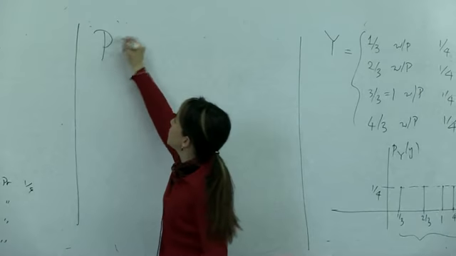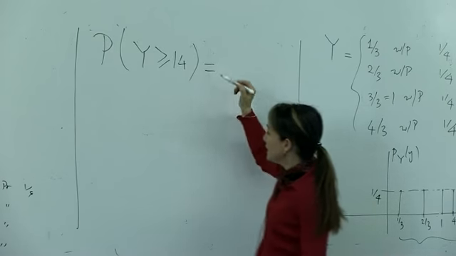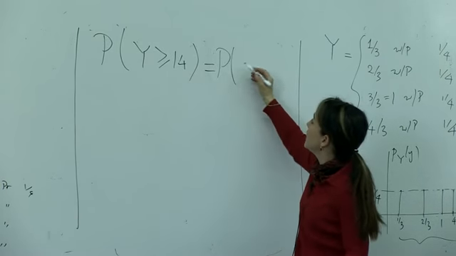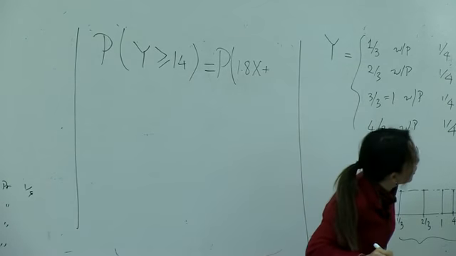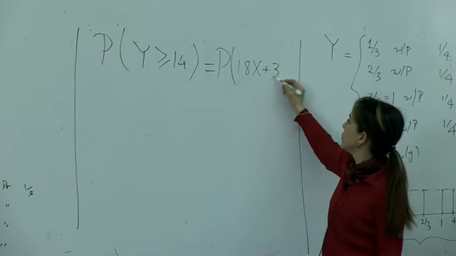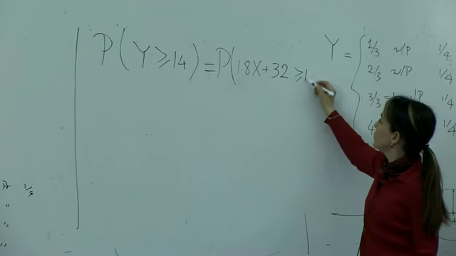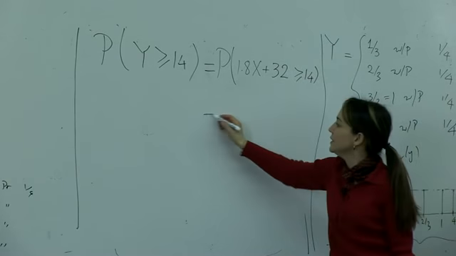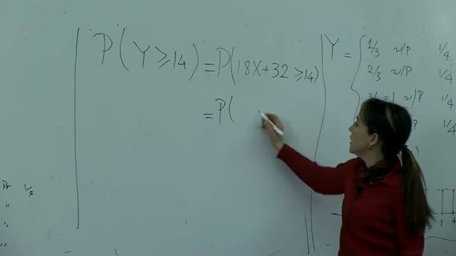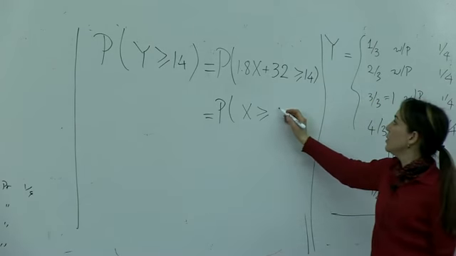So let's write this. The probability that y is bigger than or equal to 14 is the probability that 1.8x plus 32 is bigger than or equal to 14, right? But this is nothing other than x being bigger than or equal to what?